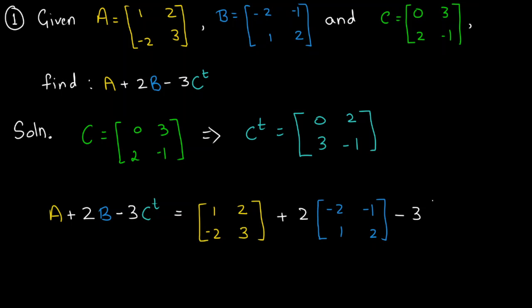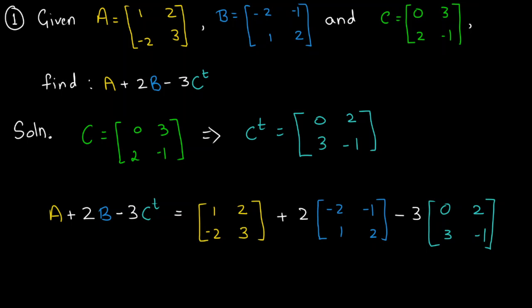And we've already found the value of C transpose to be [0, 2; 3, -1]. Remember, transposing a matrix makes the rows into columns and the columns into rows. Alright, so this is the equation that we need to solve.